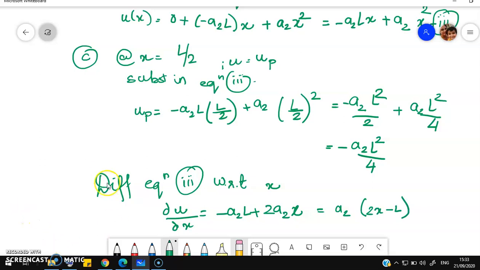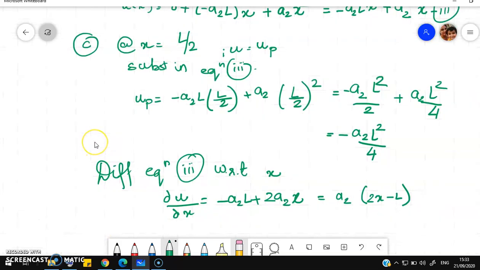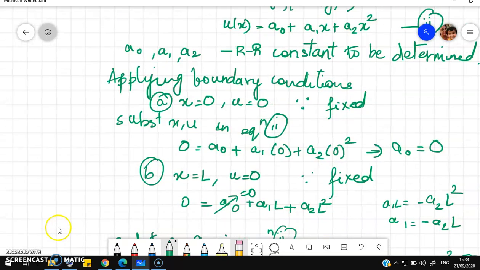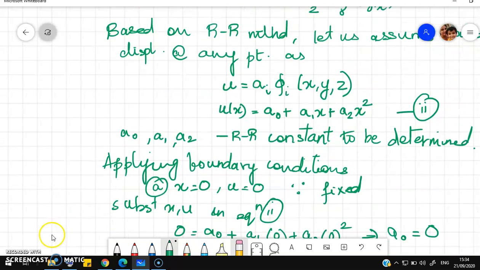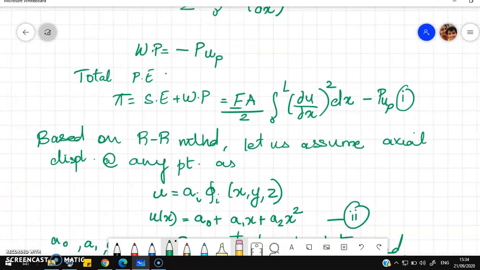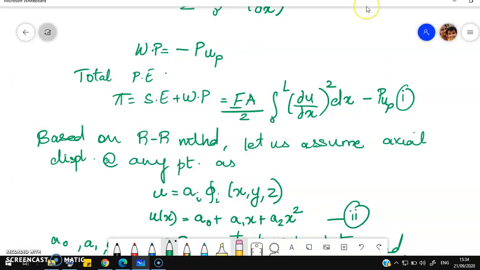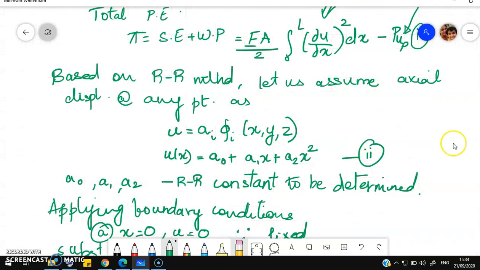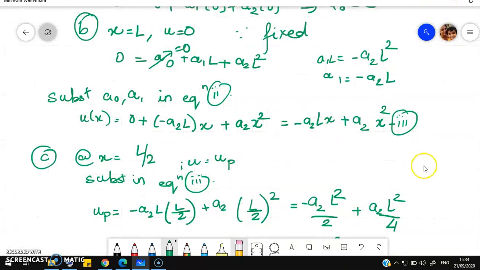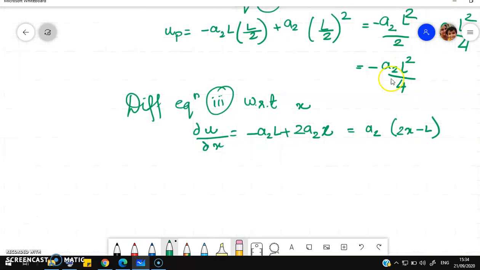Now why we have done all this is, in the first equation, in the pi equation, we needed two terms. One is dou u by dou x and the other one was UP. So now we have got both. Let us substitute in that equation and let us rewrite the equation now.